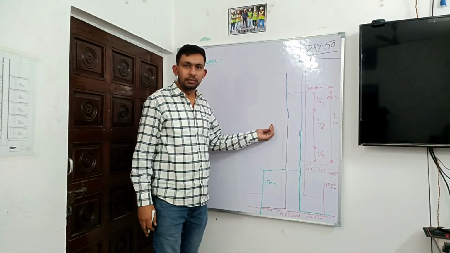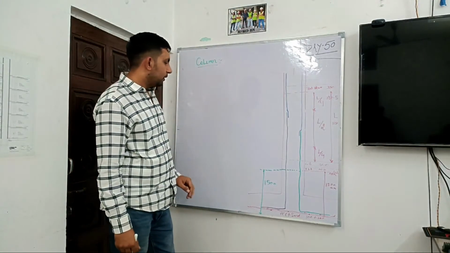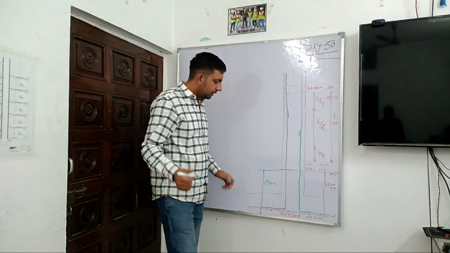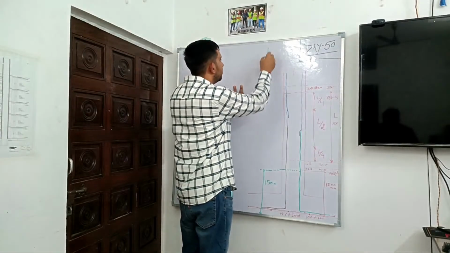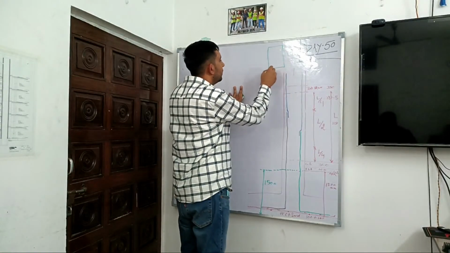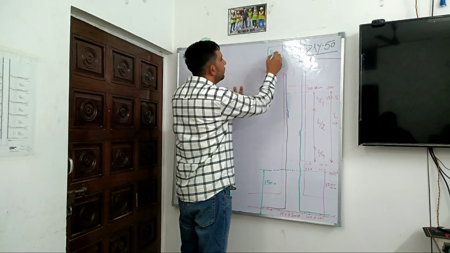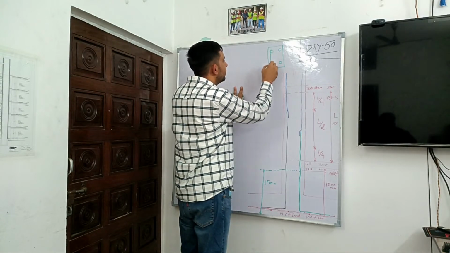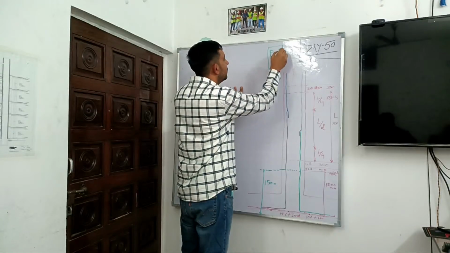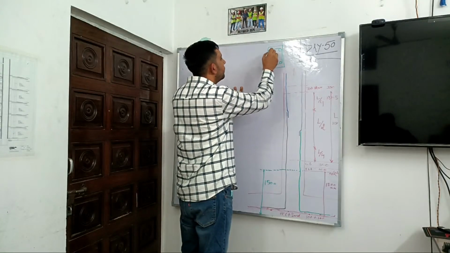BBS column starts. In a column, we generally take main bars, and this is the section. Here is one main bar, 2, 3, and 4, and this goes a stirrup, which comes and bends at 135 degrees.